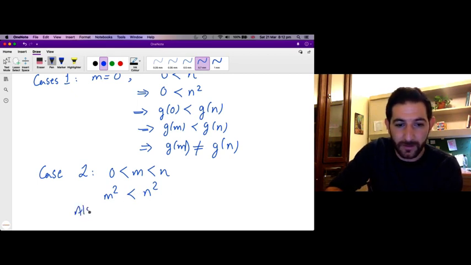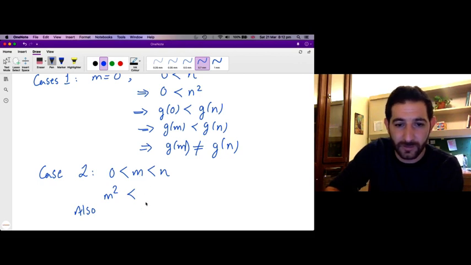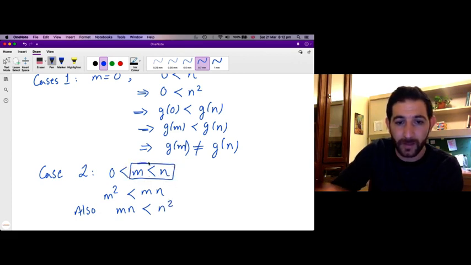Also, if we multiply the same inequality by n, then m times n is less than n squared. So I'm multiplying this inequality once by m and once by n.